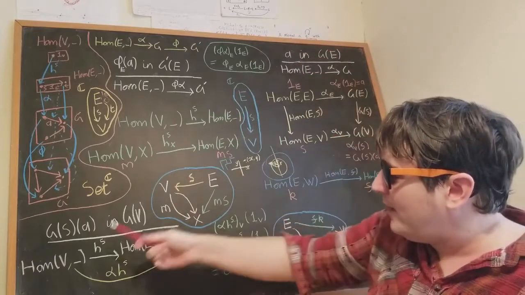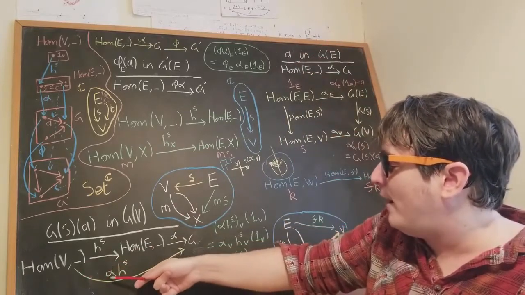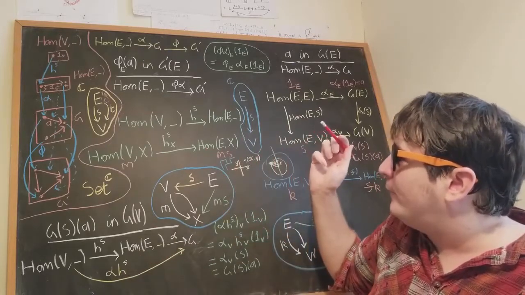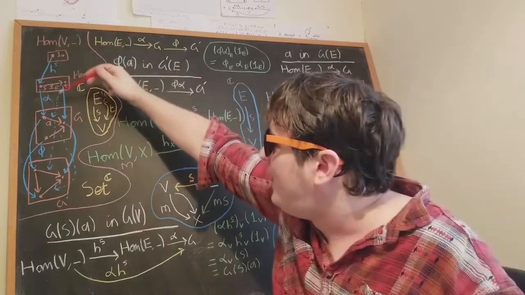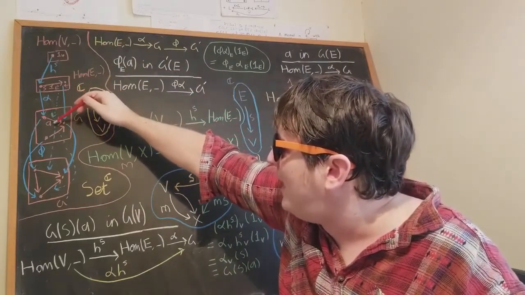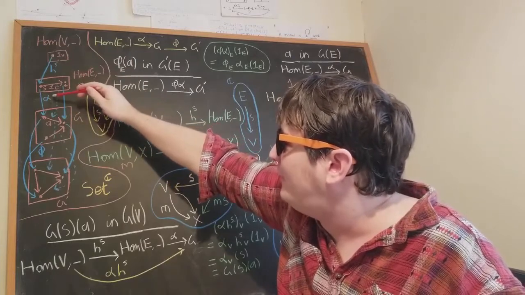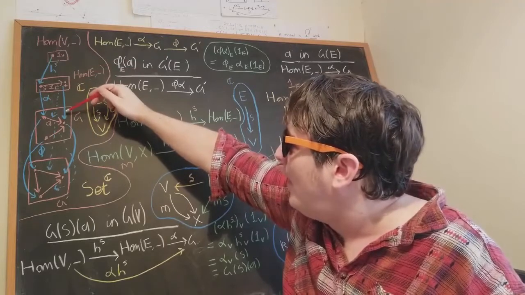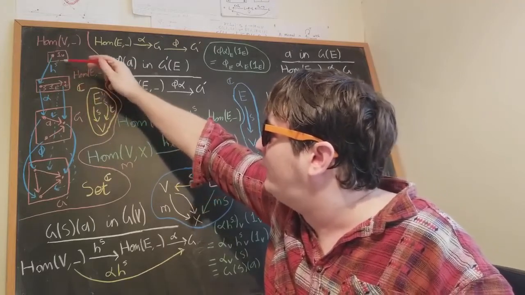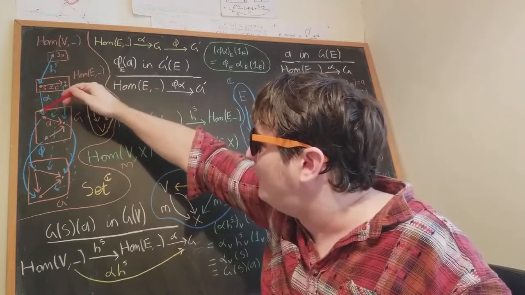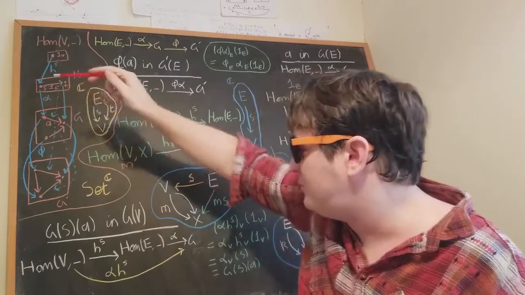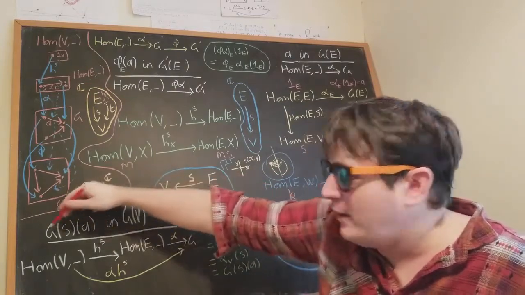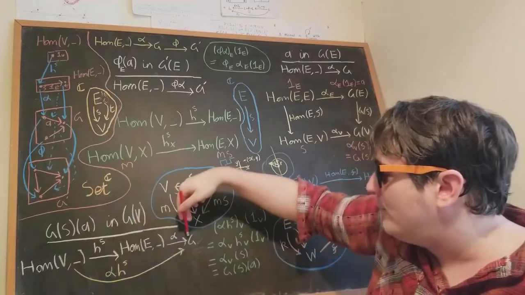Well, the key thing is that it corresponds with alpha after H to the power of S. So for example, here we pick this edge A. It's represented by this arrow alpha from this hom(E, blank) to G, and then if we do alpha after H to the power of S, those composed is just picking out the source vertex of that edge. So this is one way to talk about the source vertex in terms of elements, and this is the arrow-based way of doing it.